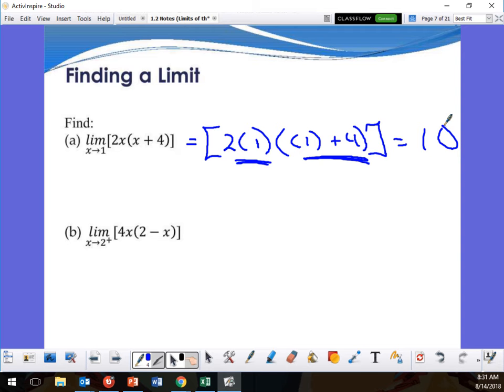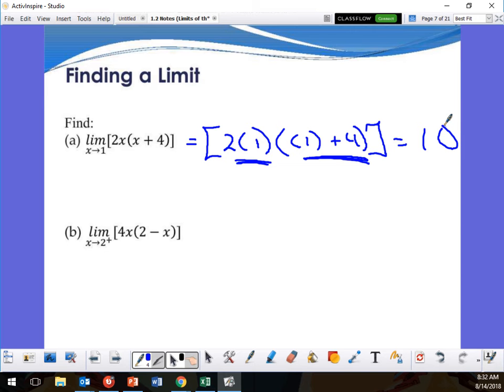Is there any place where the denominator is equal to 0? Say no. Is there any place where it's going to give me imaginary numbers? Say no. Very good. So there are no restrictions, and I could just plug this in as is, even from the left hand or right hand side at 2.